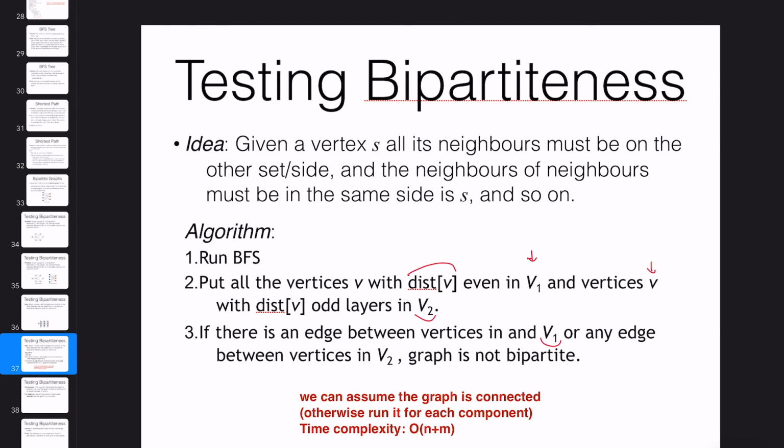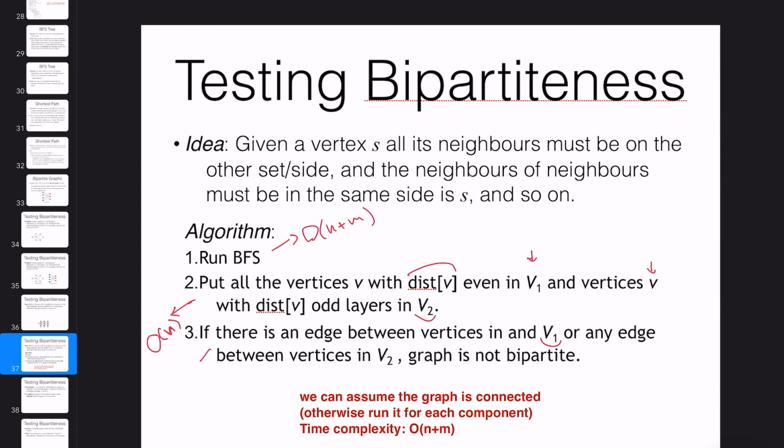The time complexity of BFS is going to be O of n plus m, the number of edges plus the number of vertices. The time complexity of building the sets is going to be O of n. You just go over all the nodes and, based on the distance, put each in either set 1 or set 2.